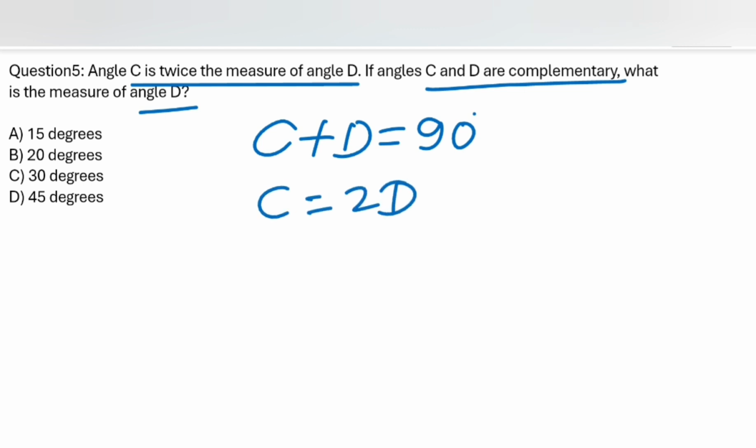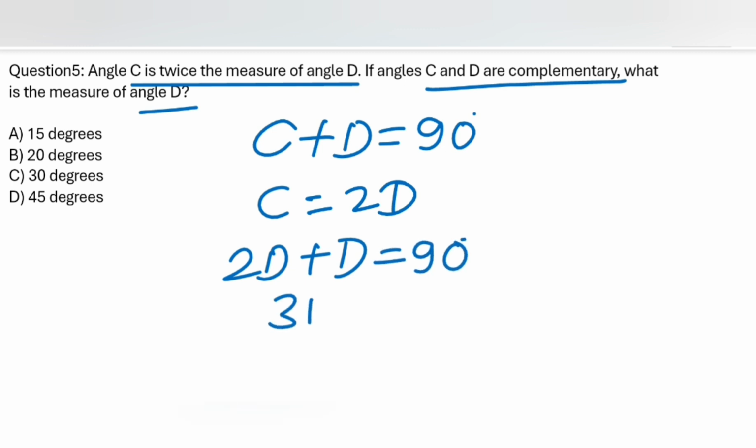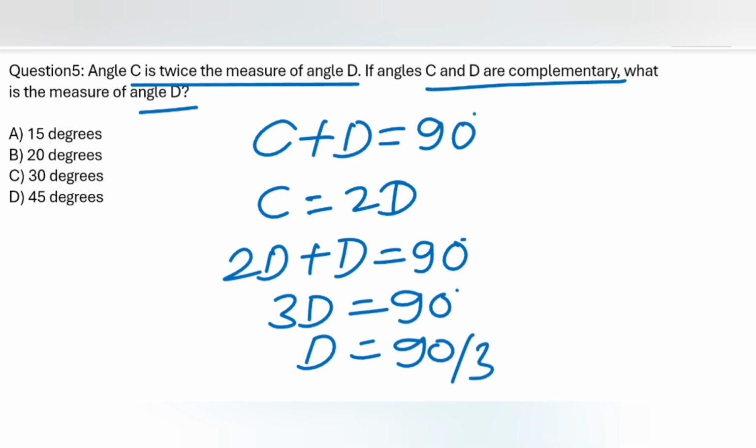So if we substitute this in step 1, in place of C we can write 2D, right? So 2D plus D is equal to 90 degrees. So here it is again 2 plus 1 is 3D. So 3D is equal to 90 degrees. So D is equal to 90 divided by 3, so 3 times 3 is 9, which is 30 degrees. So here option C is the right answer.